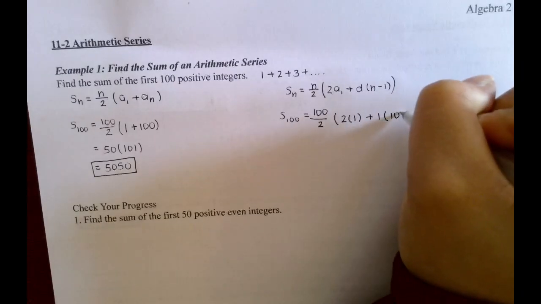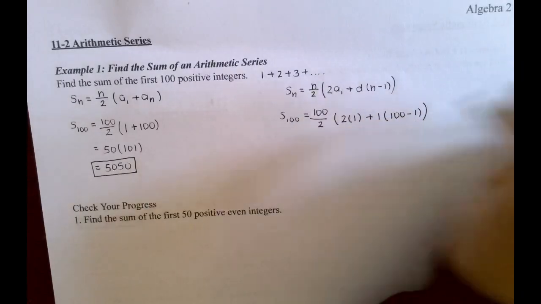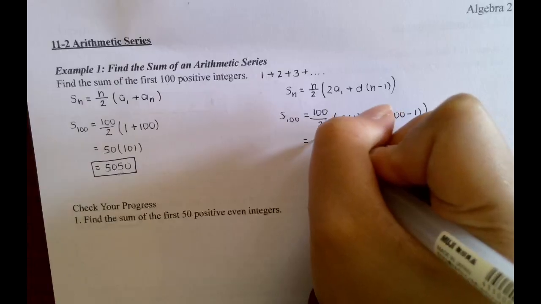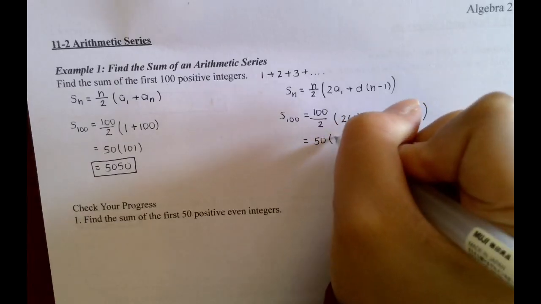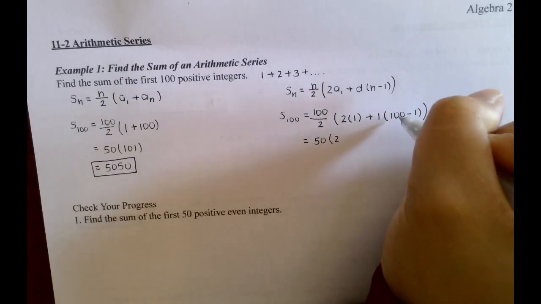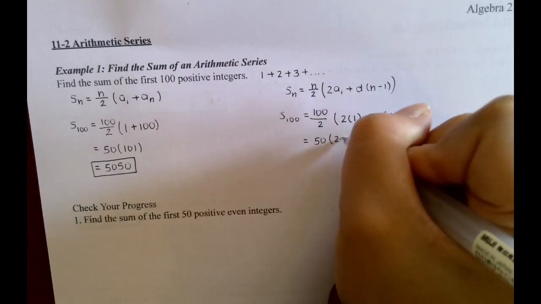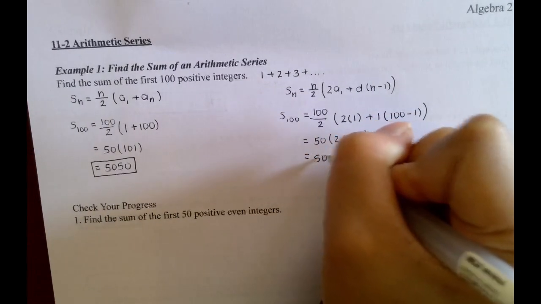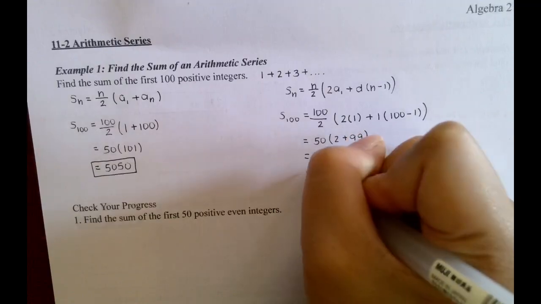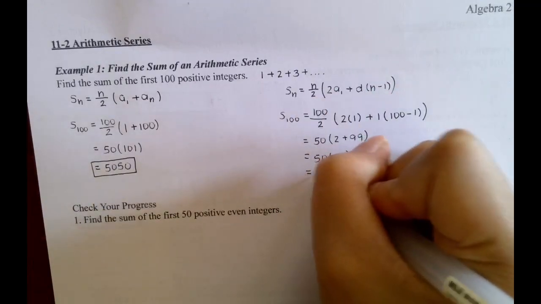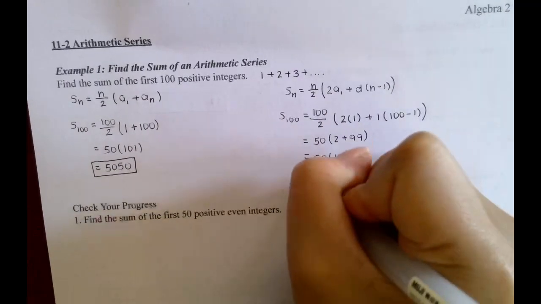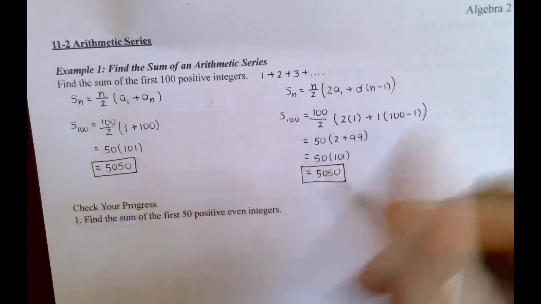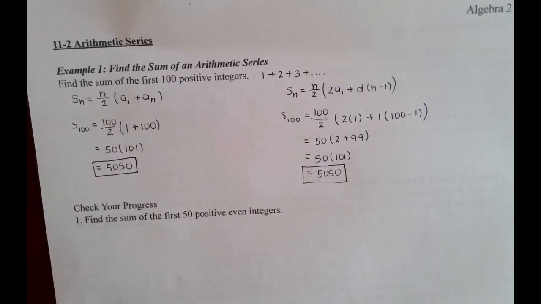So we have 100 minus 1. 100 divided by 2 is 50. 2 times 1 is 2. 1 times 100 minus 1 is 99. And 2 plus 99 is 101. Again, 50 times 101 is 5050. Either way, we get the same thing. Depending on what you're given, that might change which one you want to choose, but either way, they'll get us the same thing.